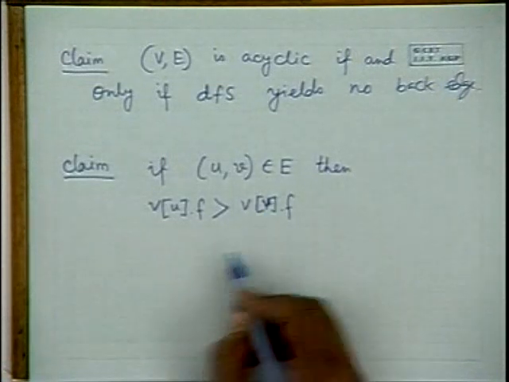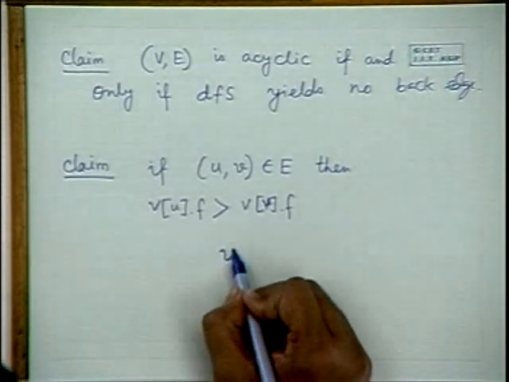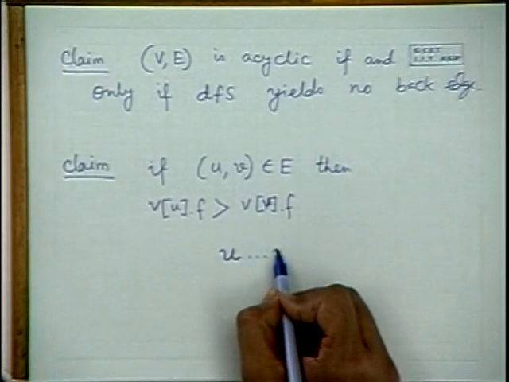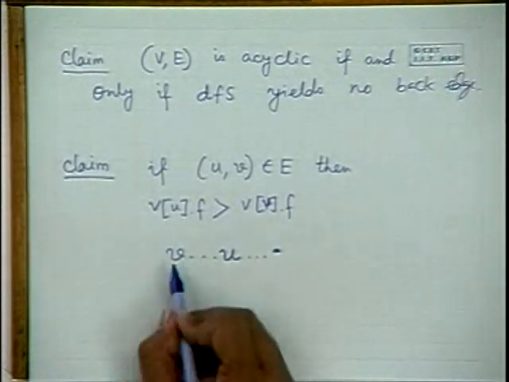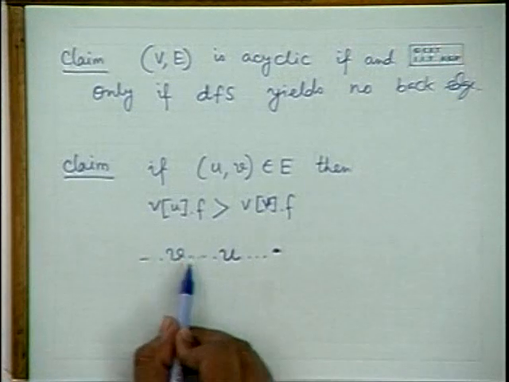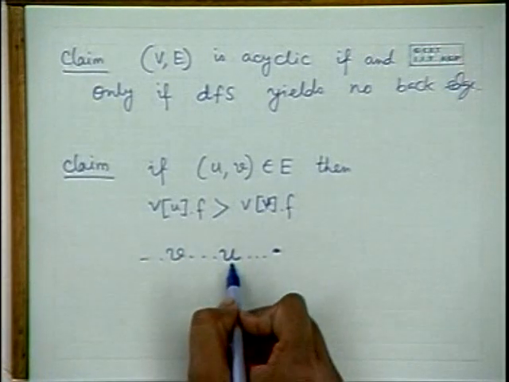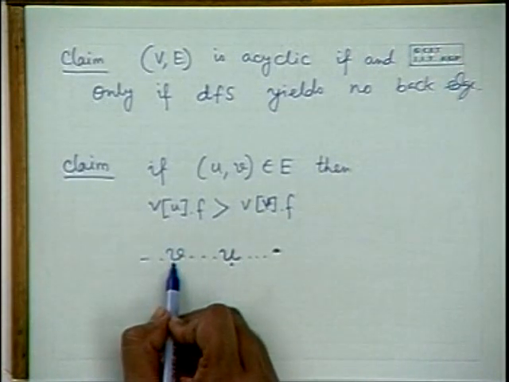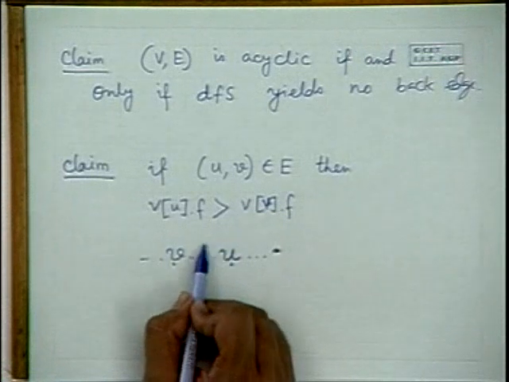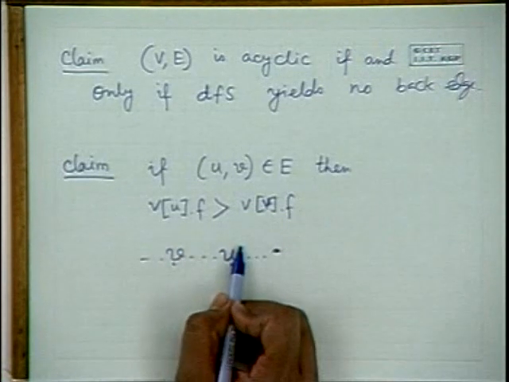Suppose I have output, say, V here and U here in the sequence. So I know the F field of U is higher than the F field of V. So it can only allow an edge from U to V, not V to U. That's not possible.